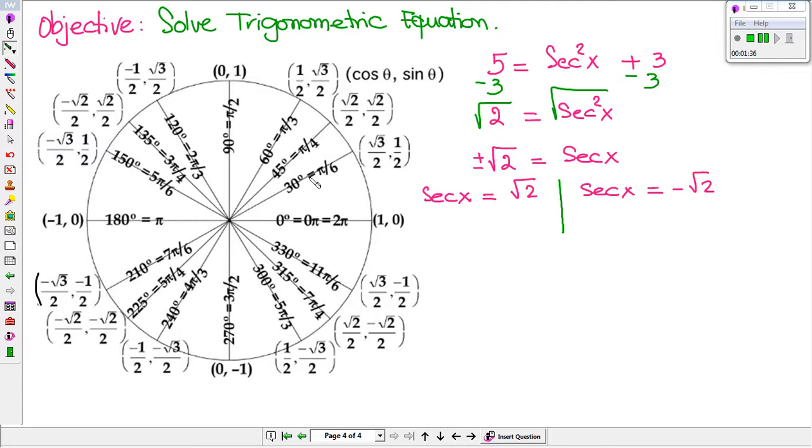Now before we begin to look at the unit circle, let's review the periods. The period of secant is 2 pi. So it means that we only need to find the solution on the interval from 0 to 2 pi.